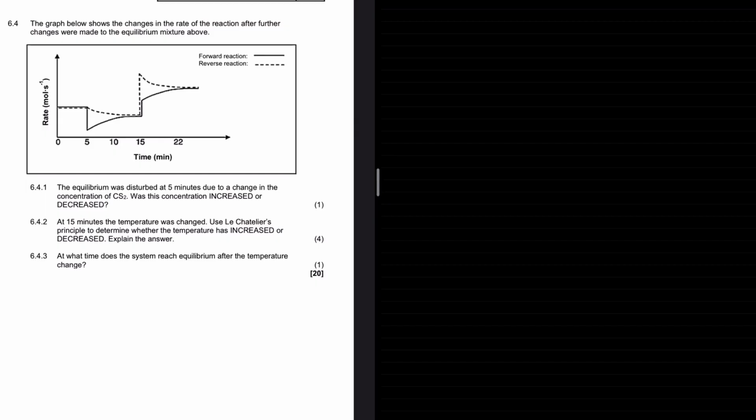Now I'm just focusing on this purely from a rate perspective. Since we can see that the rate decreased, it would mean that they removed CS2. Because if they remove CS2, there's going to be fewer particles, fewer collisions, a lower rate.